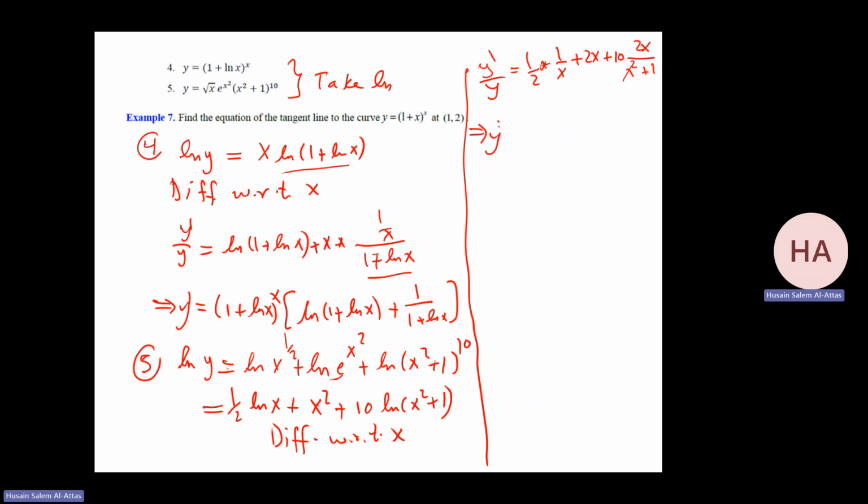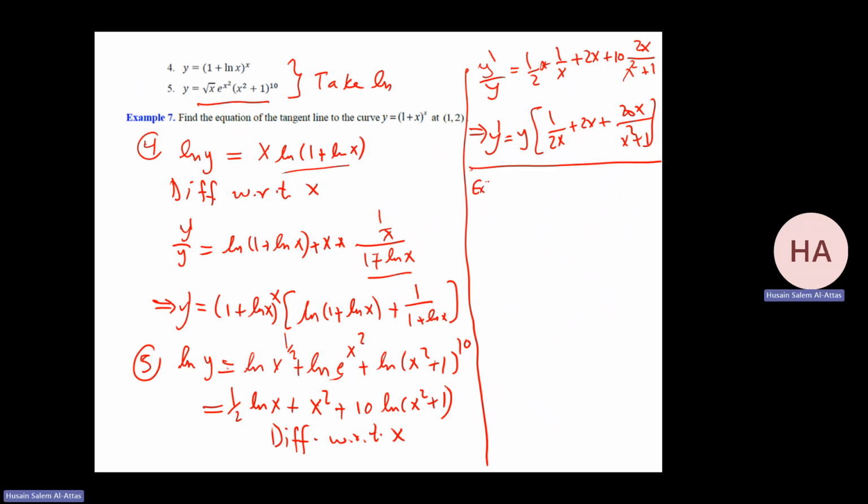So y prime will be y, which is all of this, I will not write it, times 1 over 2x plus 2x plus 20x over x squared plus 1. That's it.